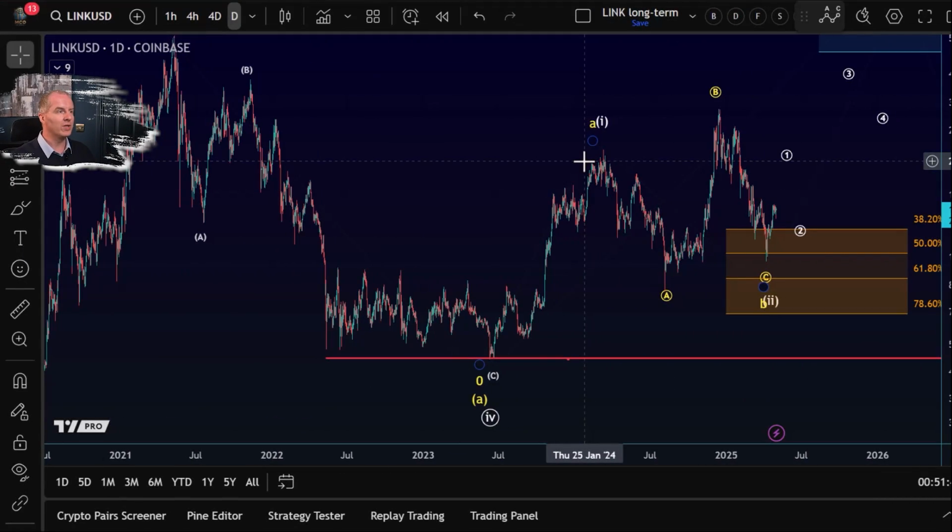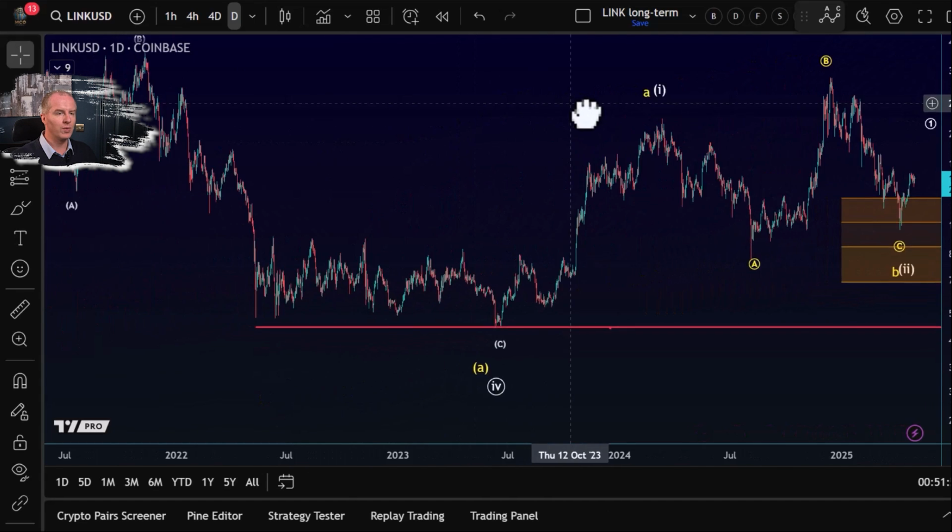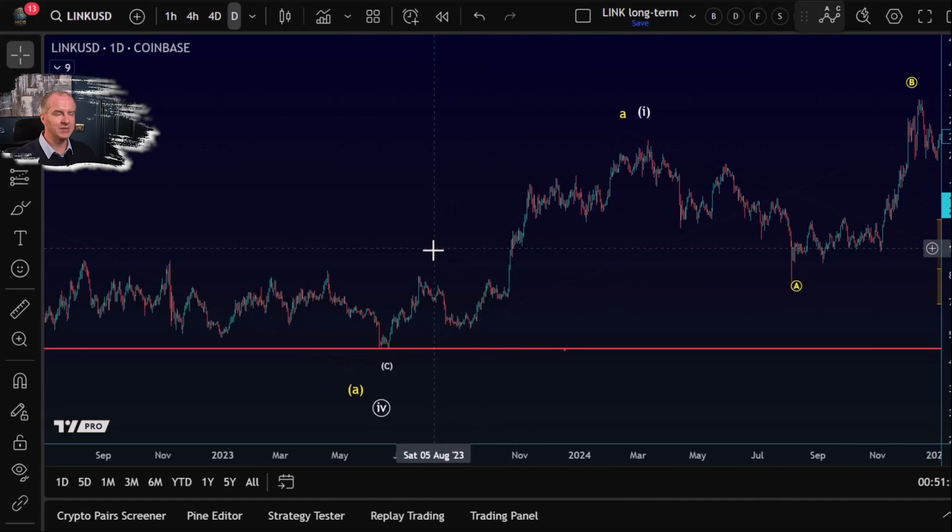So I think we'll take a look at the Chainlink cryptocurrency chart, because it formed quite a beautiful upside impulse between June 2023 and the March 2024 high.